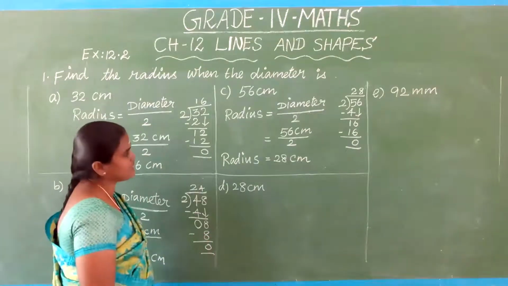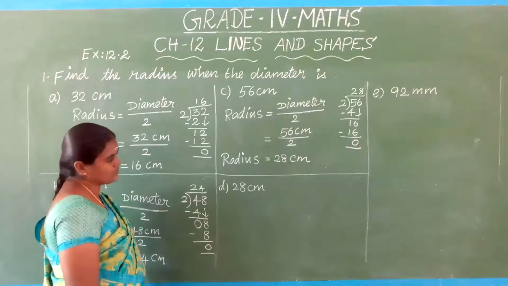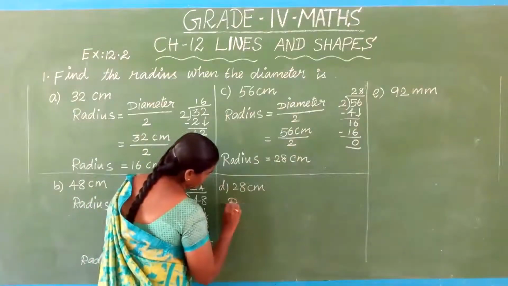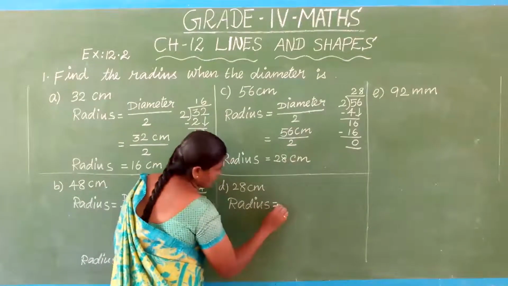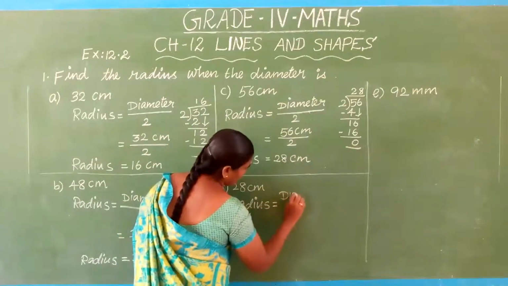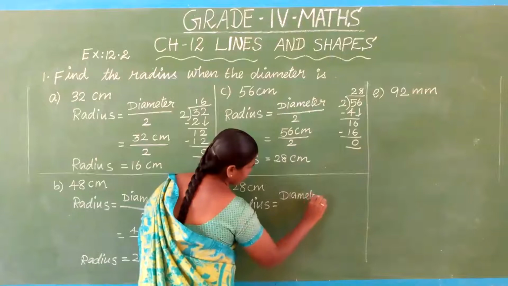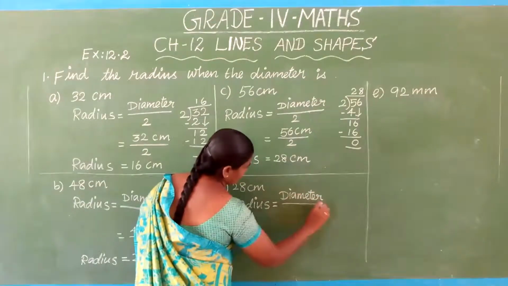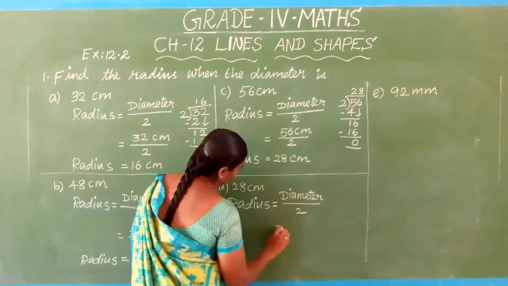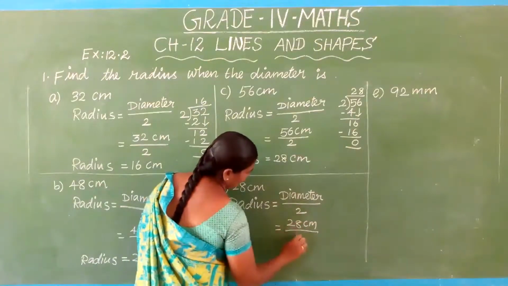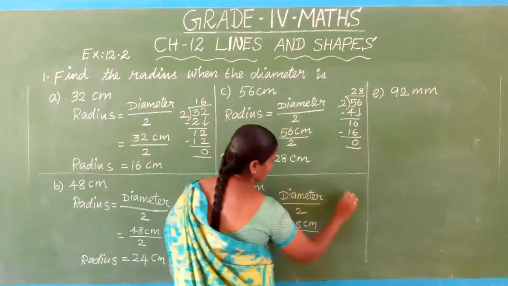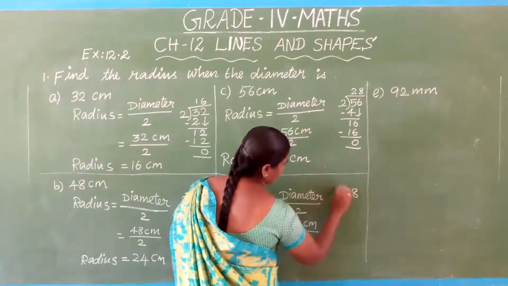Okay, now C complete. Next one, D question. So radius is equal to what is the formula? Radius is equal to diameter by 2. So here given diameter 28 centimeter by 2. Now do the division. So 28 is divided.